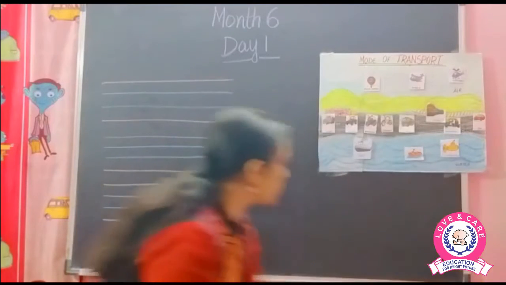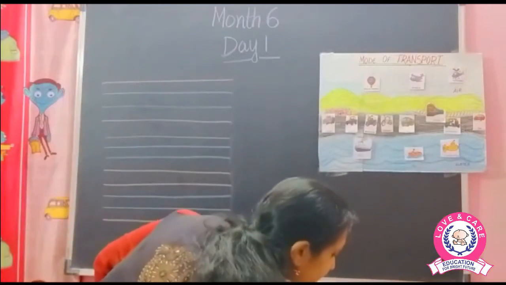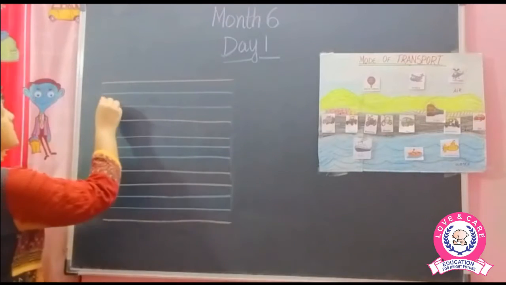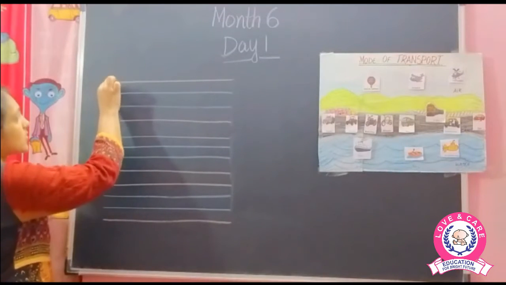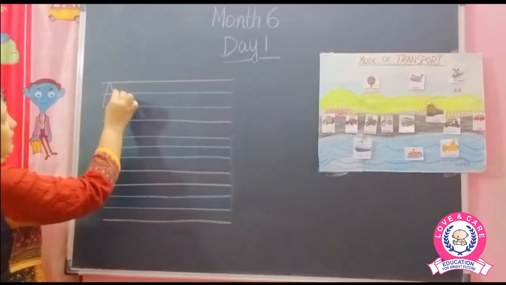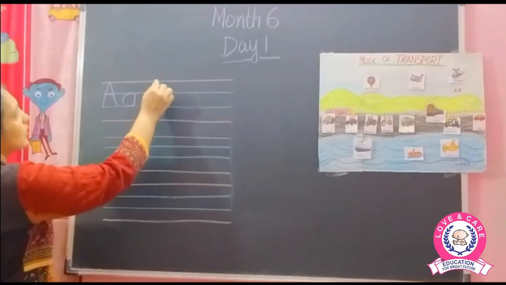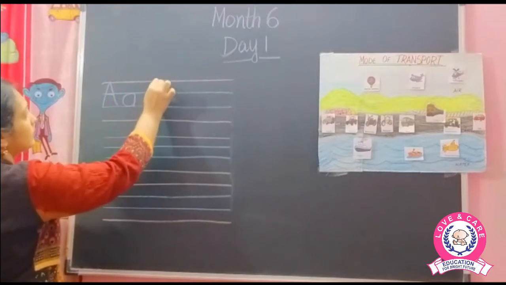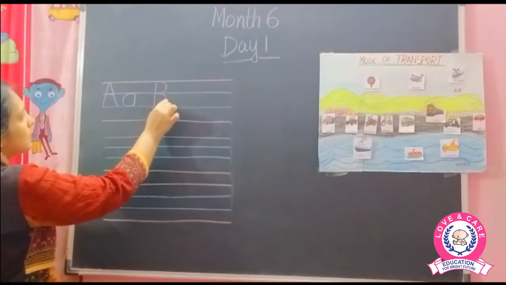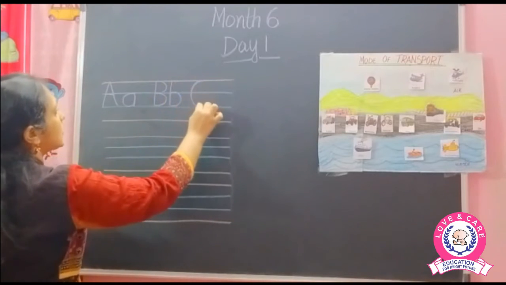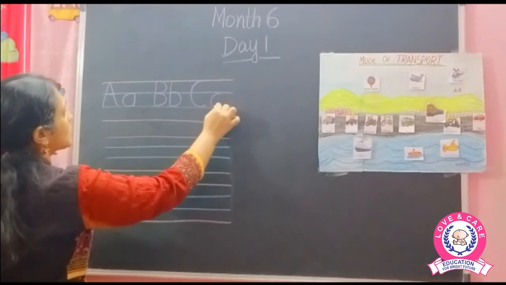So I'm just going to write. So first just look at the formation. This is the capital A, then the small a, capital B, small b, capital C and small c.